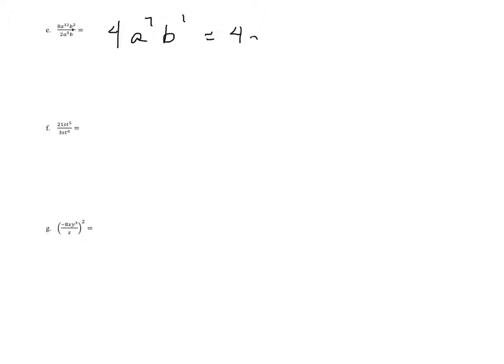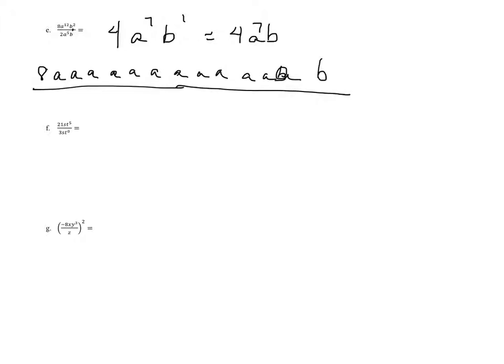Now, suppose you don't get this at all. Maybe you're like, I just have no idea where she got all these things. Well, think about it this way. A to the 12th really means a multiplied by itself 12 times, and b squared really means b times b. And these are all connected by multiplication.